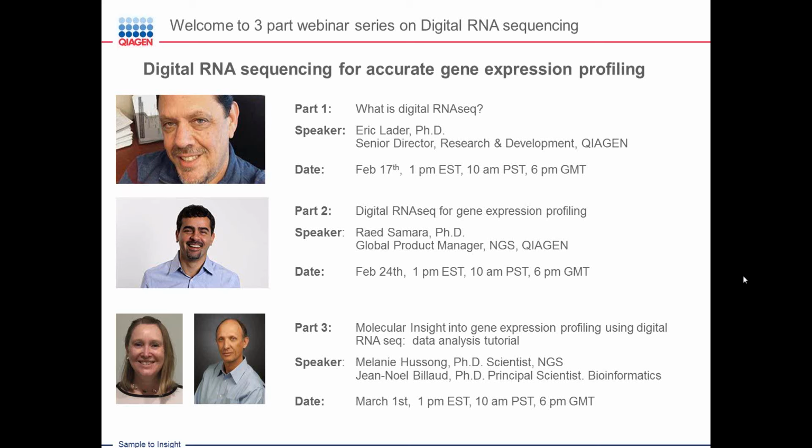What we're trying to do here is address the limitations of smaller desktop sequencers that have limited budgets, as well as the challenges of sequencing from larger numbers of samples with a more targeted approach, where you're looking at specific content rather than doing whole genome or whole transcriptome analysis.